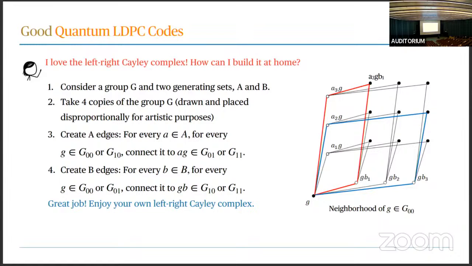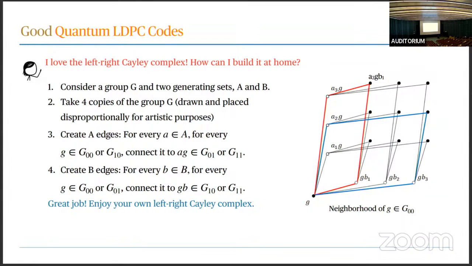And A3G and GB1 will meet at the same vertex A3GB1 that's belonging to G11, capital G11, this copy of the group. You get a lot of squares like this when you construct this left-right Cayley complex just by specifying the edges going up, going vertically, and the edges going horizontally.